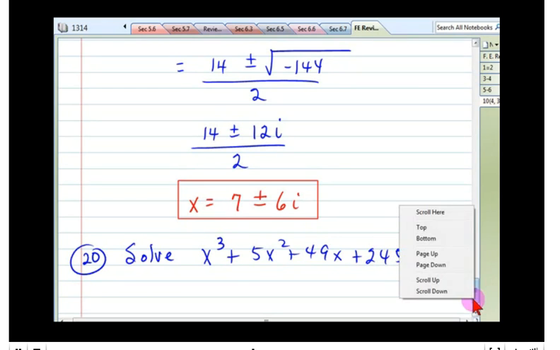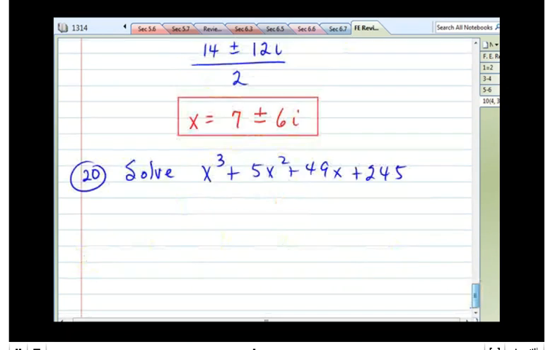All right, if it says solve, the first thing I would always do is put it in the grapher. Okay, how many roots should you see? How many x-intercepts should we see? 3. So we know that there should be 3 solutions to this. So put that in your calculator and see what we get.